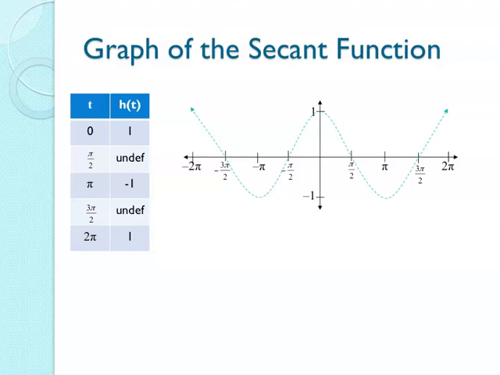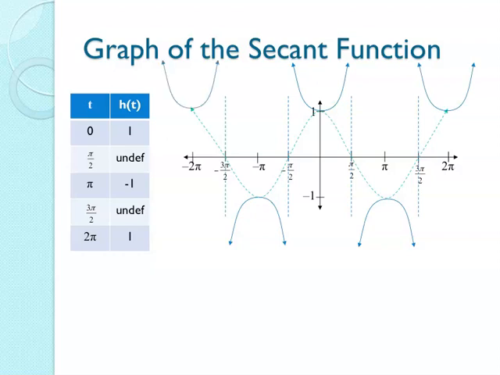So here's the cosine function. Draw it in very lightly or in a different color. Then we'll draw in the vertical asymptotes anywhere cosine crosses the x-axis. Once you have that, we'll do the same thing as with the cosecant function and draw in what look like parabolas, and that's your secant function.